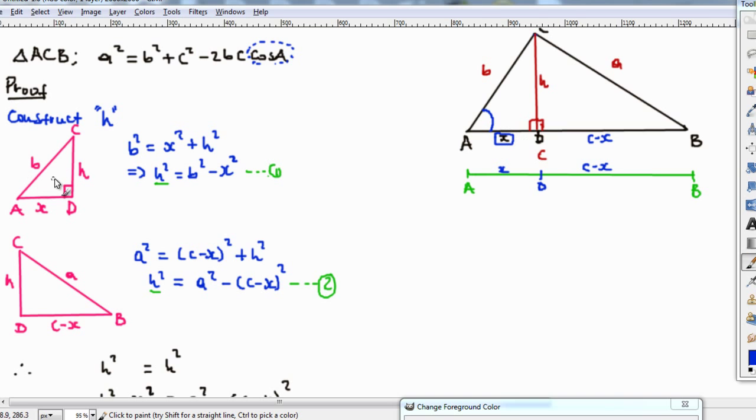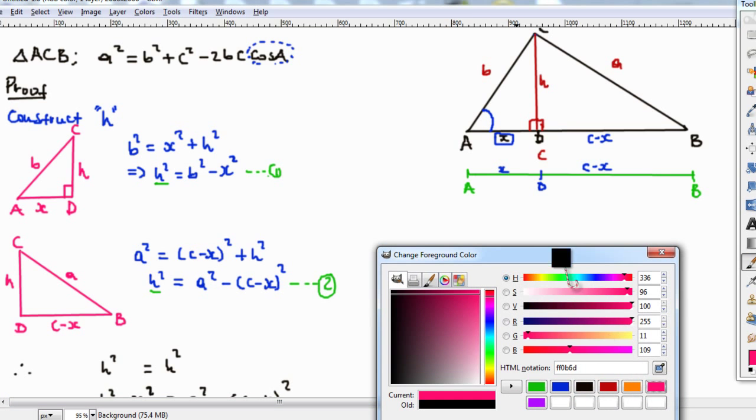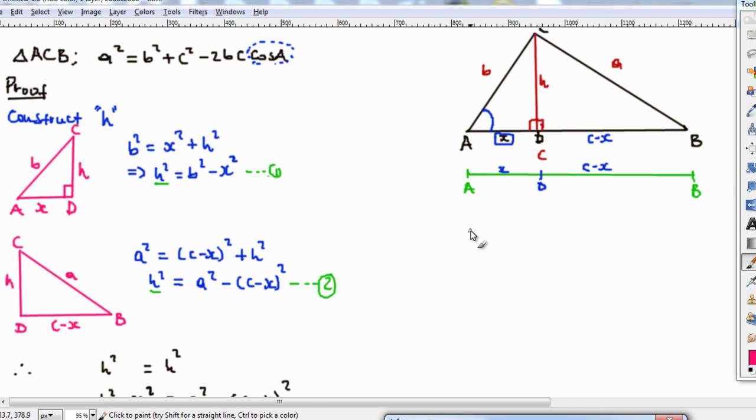X is the adjacent side of this right angle triangle. So if we define that x, we can say that cos of a, so cos of this angle, should be the adjacent over the hypotenuse. So cos of a will be the adjacent side, which is x, over the hypotenuse, which is b.